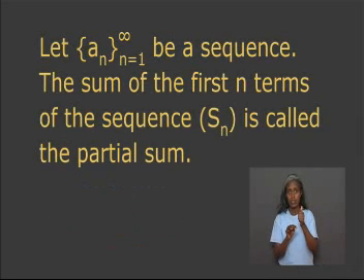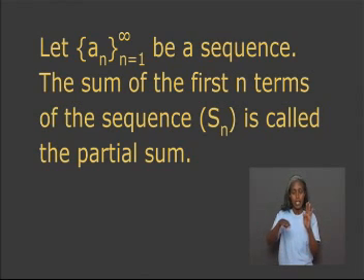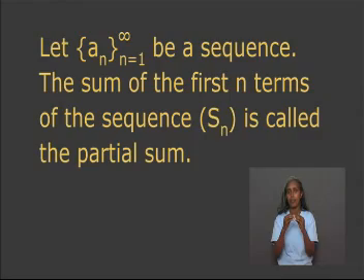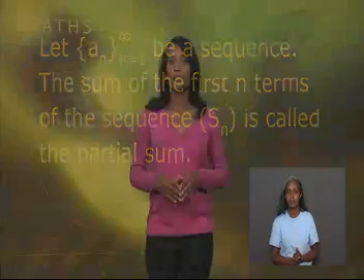If an is a sequence, the sum of the first n terms of the sequence, denoted by Sn, is called the partial sum of the sequence. Now, let us see how we may use this notation to help us to find the partial sum of an arithmetic sequence.